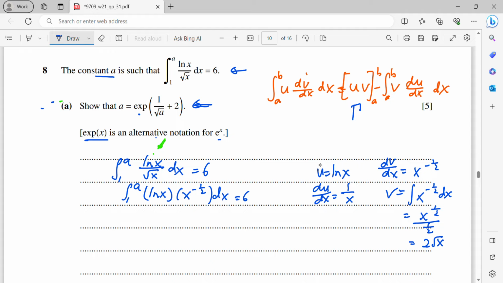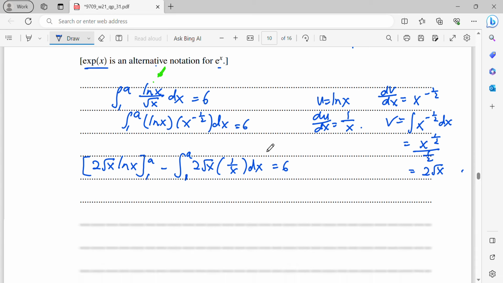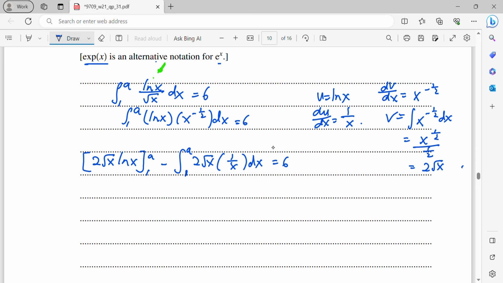So I will get uv, which is 2 square root x ln x with limits 1 to a, minus the integral of v du over dx. So 2 square root x times 1 over x dx, limits from 1 to a, equals 6. Now replace the x by a.